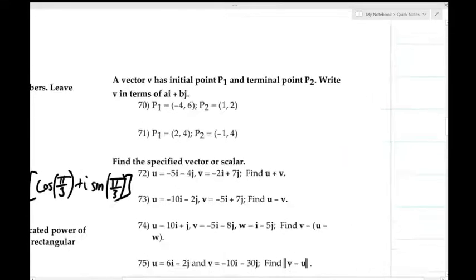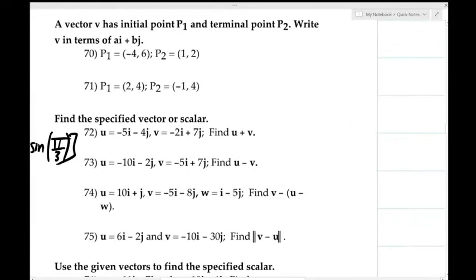okay. Now number 70, vector v has the initial point p1 and the terminal point p2. Write it in terms of ai plus bj. Okay, so what we want to do is get the difference between the two components of x and the difference between the two components of the y.